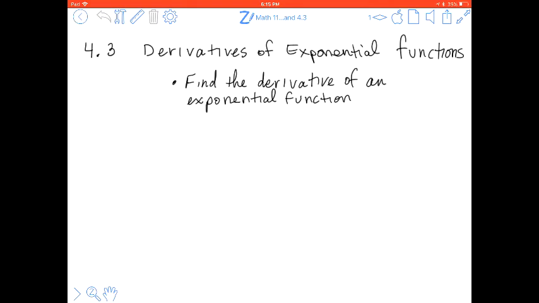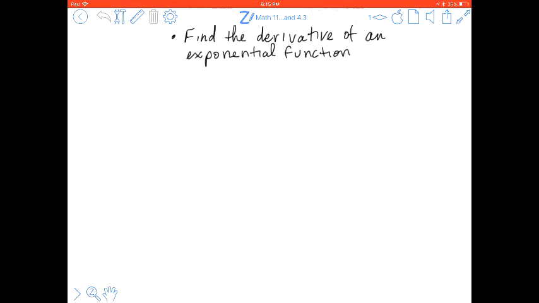So we are going to start with just a reminder, I guess, of the exponential function, and how we're going to use it in this unit. So an exponential function, if you remember from 1050, has a base that's a number.